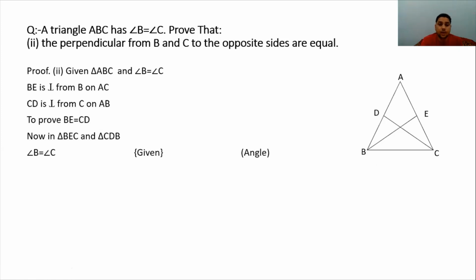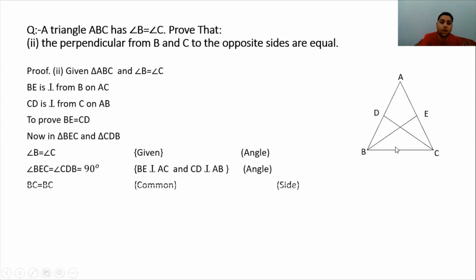We have given that angle B is equal to angle C, and another part is this angle. Already told you that whenever we draw a perpendicular, this point has two angles, here 90 degree and here again 90 degree.